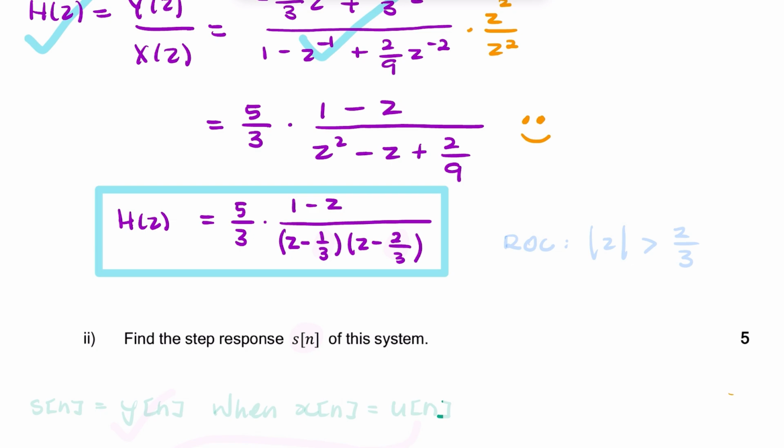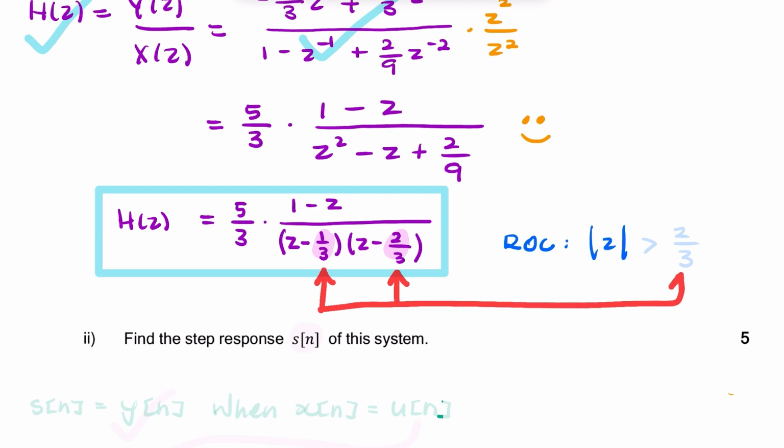So in this case, our region of convergence will be the modulus of z has to be greater than the greater of the two, 1/3 or 2/3. So it'll be greater than, where the two regions overlap, it'll be greater than 2/3.